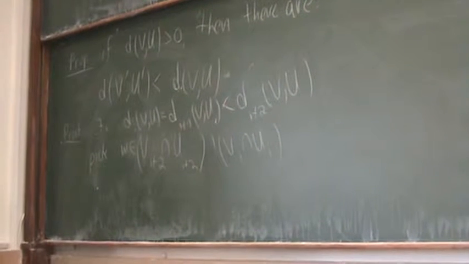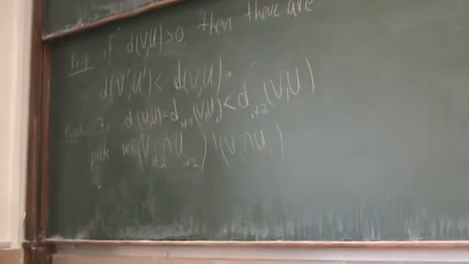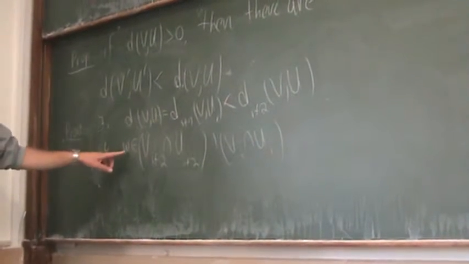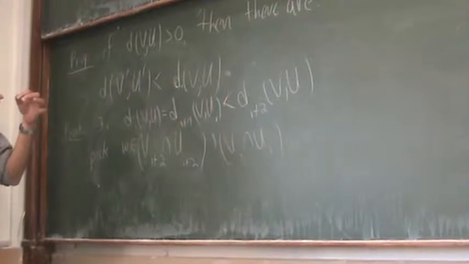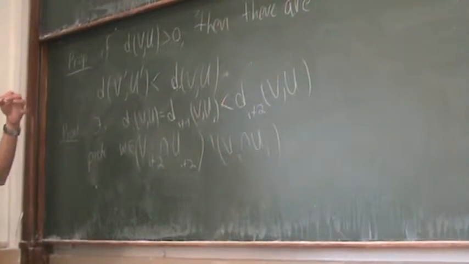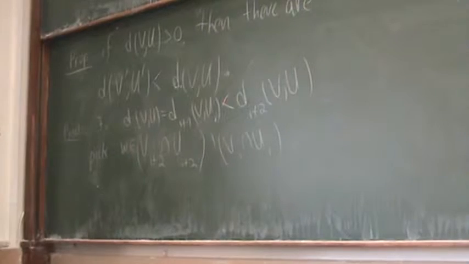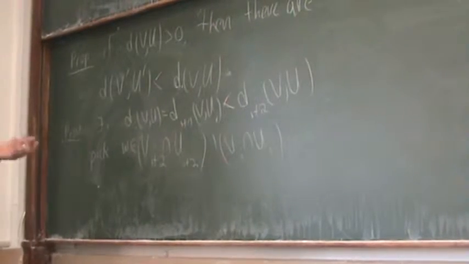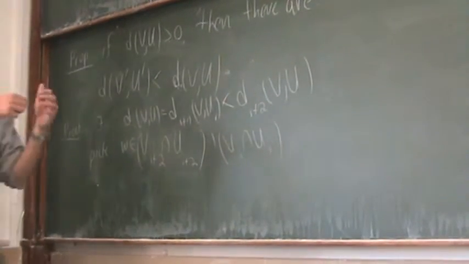And then what we want to do is add W in the i plus 1 dimension. We replace V_{i+1} with the span of V_i and W. Okay, right there.